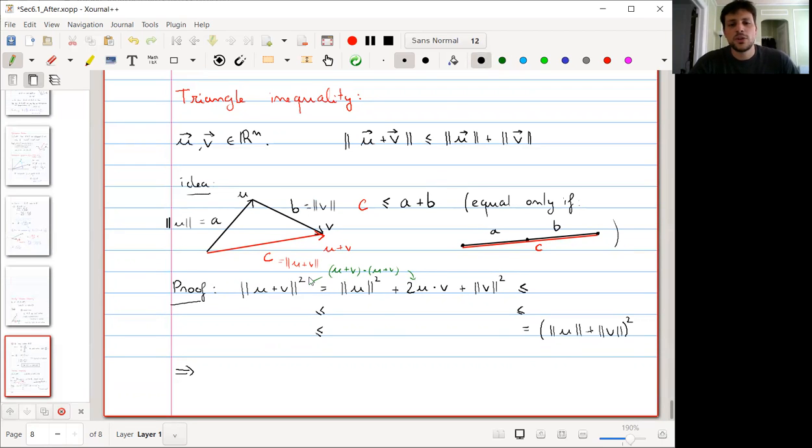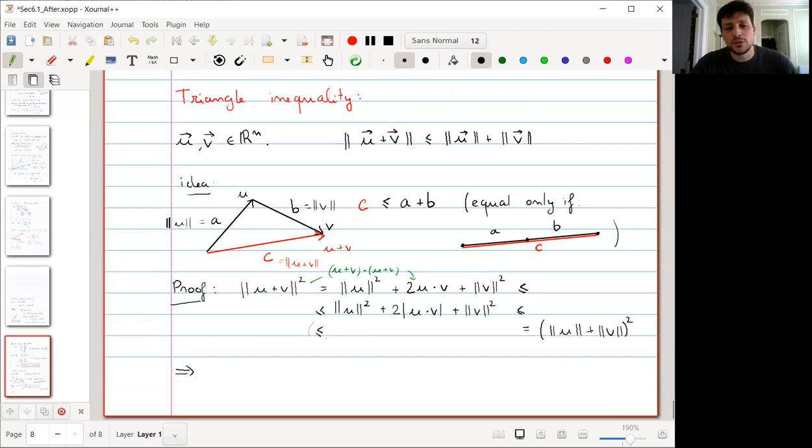Now, I want to write an inequality here, and I'll do it in different steps. The first one will be to replace the dot product with its absolute value. For sure, if I have u squared and v squared, but then I have u dot v, that's going to be smaller than u squared plus v squared plus u dot v in absolute value.